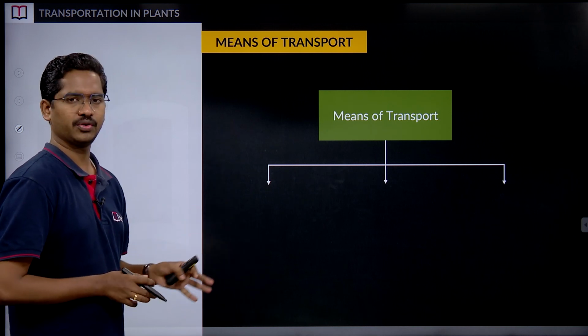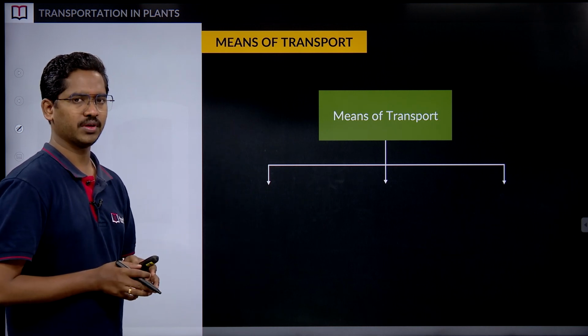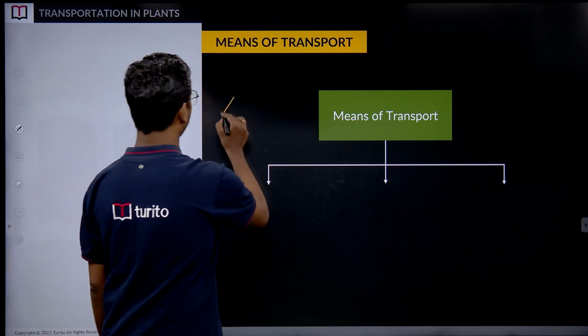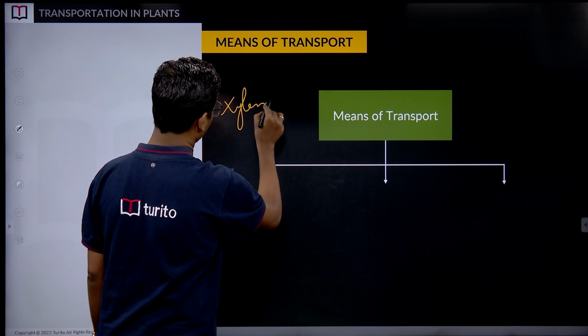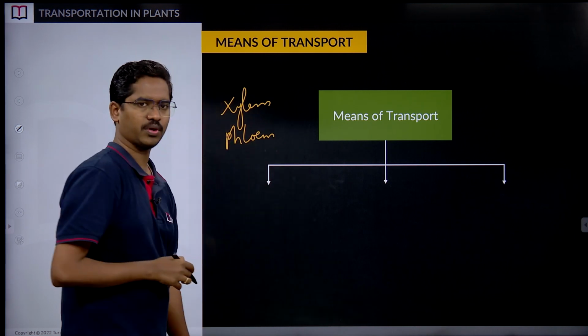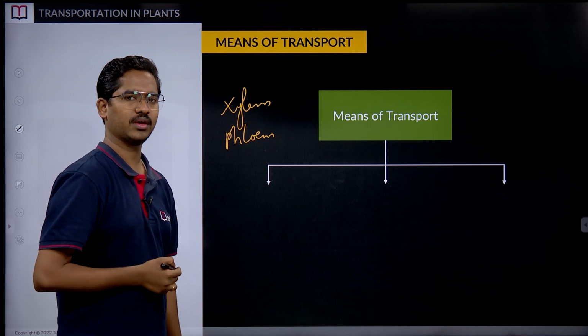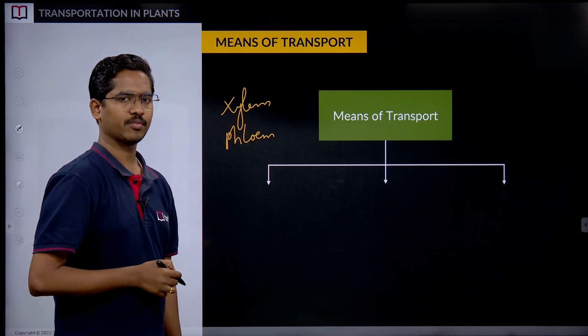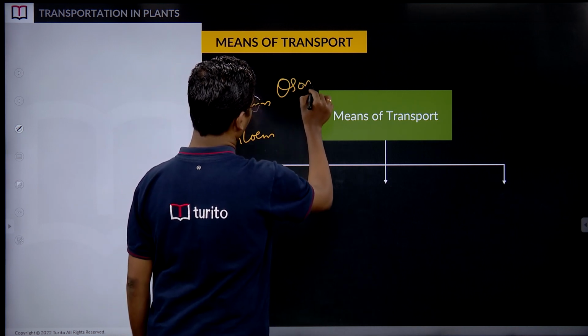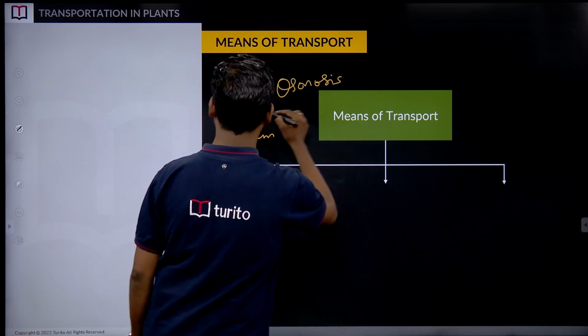So, by looking at it, I am sure that there are three ways, and I see you are saying the answers as xylem, phloem. I got this one anyway because we did discuss, that is why you are saying. Okay, I got one more response from you. Some of you are saying that it is osmosis.